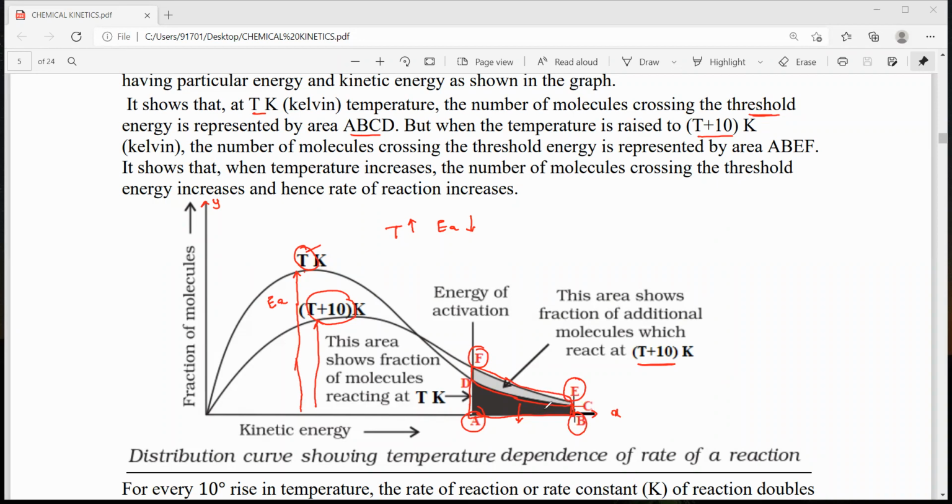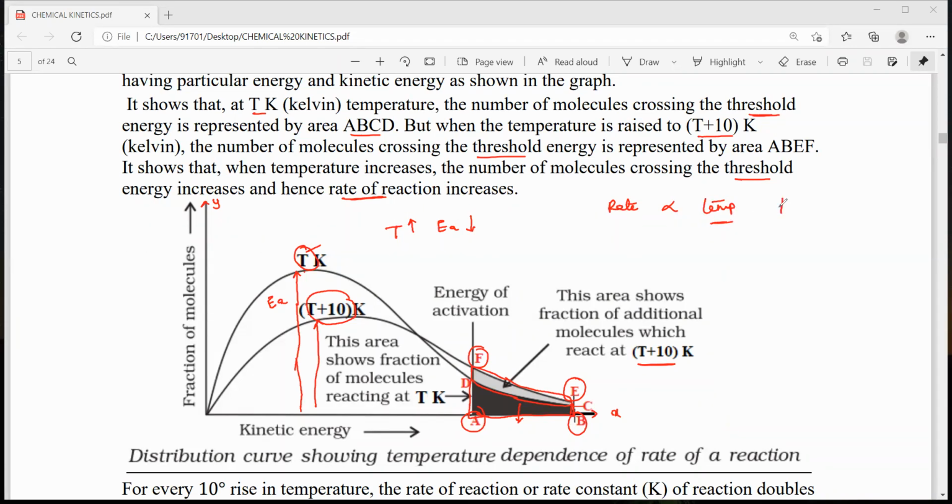Means if the temperature increases, then more molecules cross the threshold energy. Then the activated molecules increase, and the rate of the reaction will increase. Okay, the more molecules cross the threshold energy, hence the rate of reaction will increase. That's why, dear students, you have to remember that generally the rate of reaction is directly proportional to temperature.